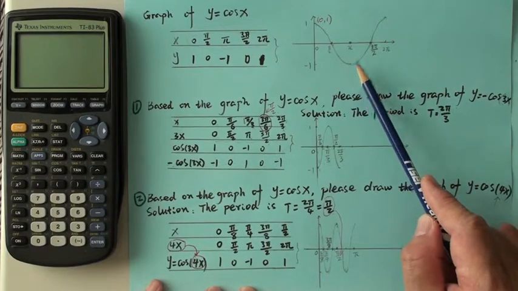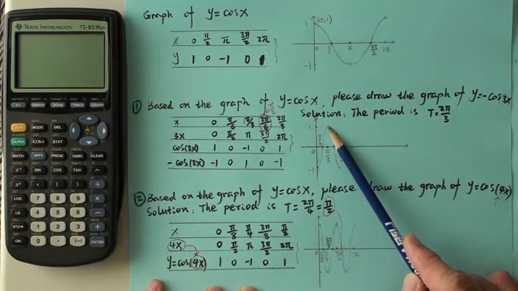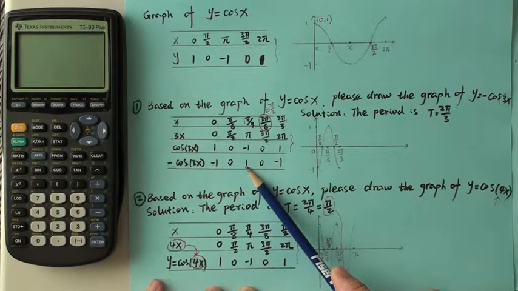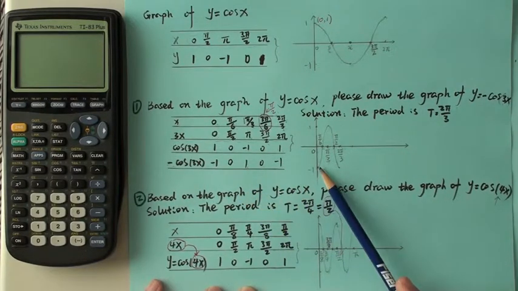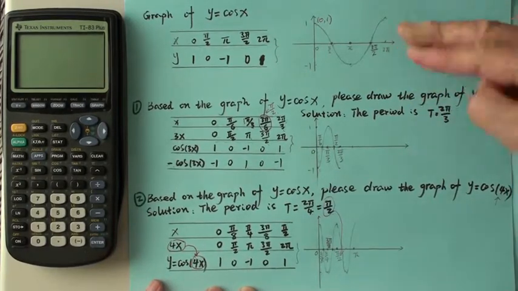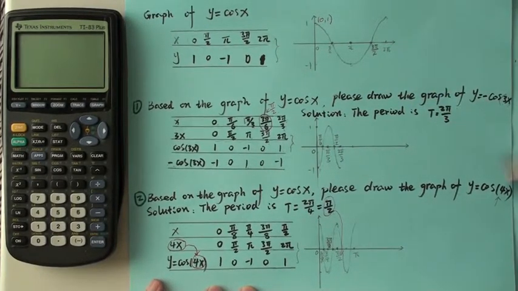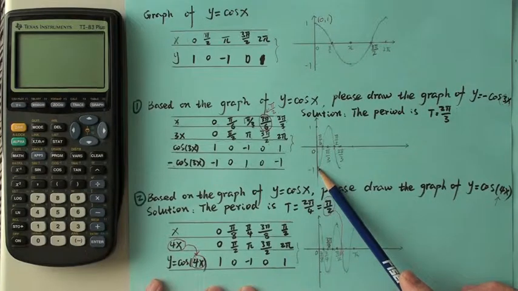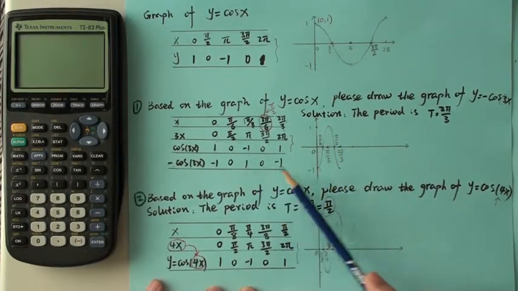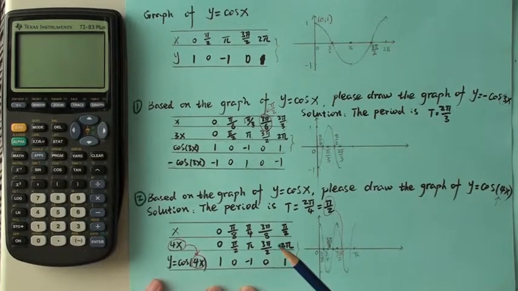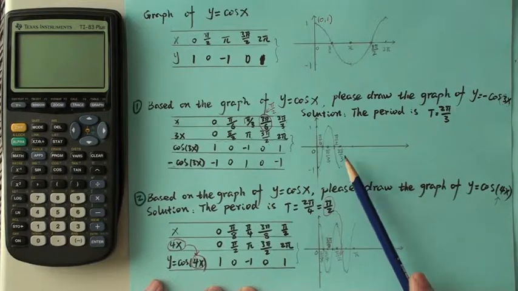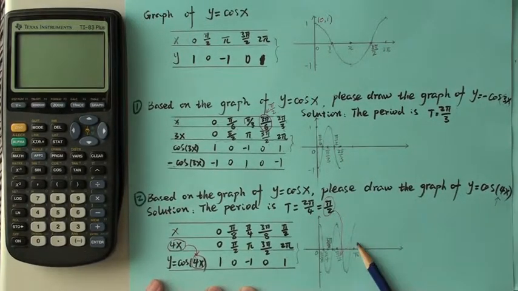It was negative 1 here, so you got positive 1 because negative of negative is positive. Okay? So in this case, it looks like the graph flipped. It's like that. Flipped. Okay? So then you have negative 1, 0, positive 1, 0, negative 1. Like that.